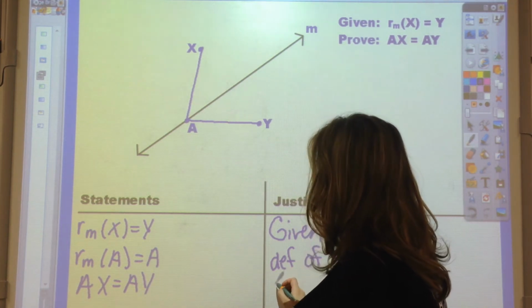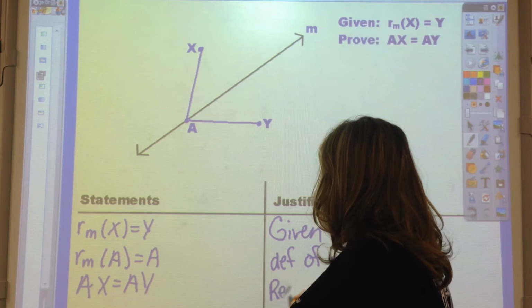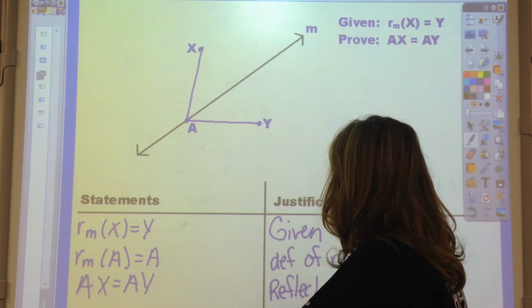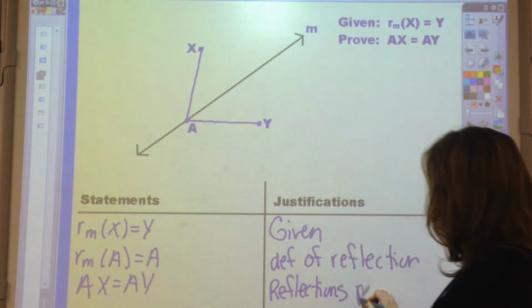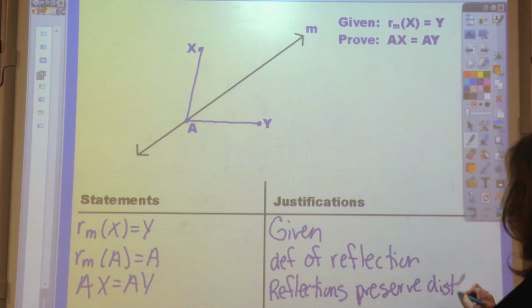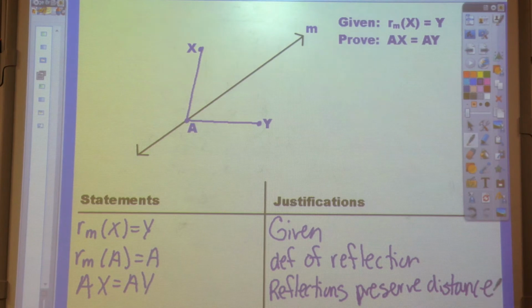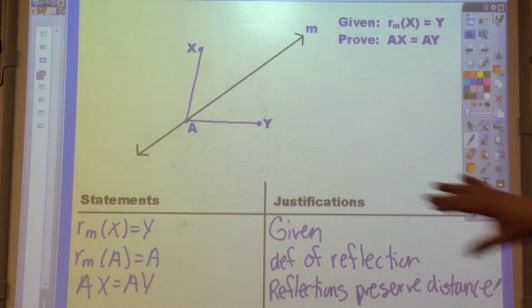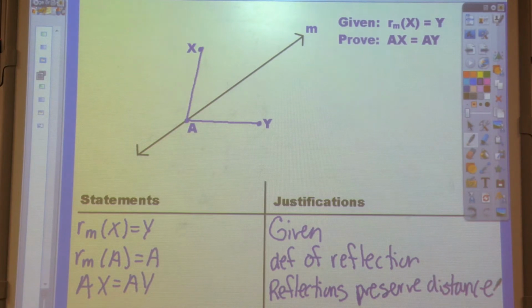Well, they preserve distance. So I would simply state reflections preserve distance. And now you can see why I actually tested you on chapter 4 on what reflections preserve, because we're going to need to utilize those in our proofs.